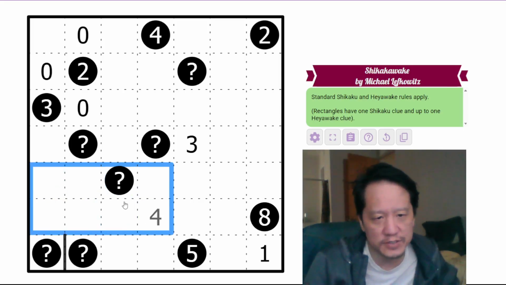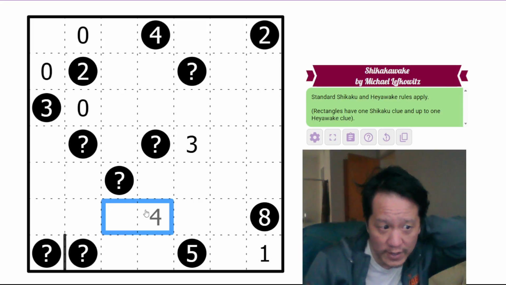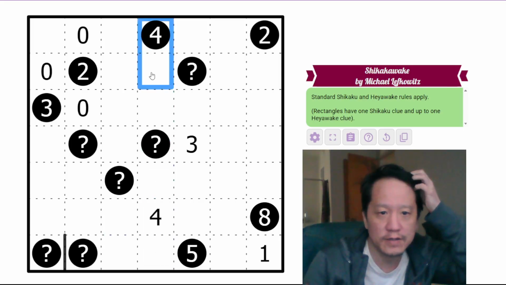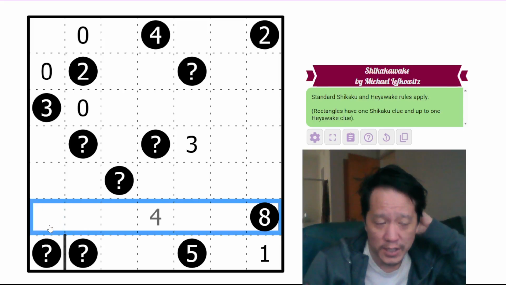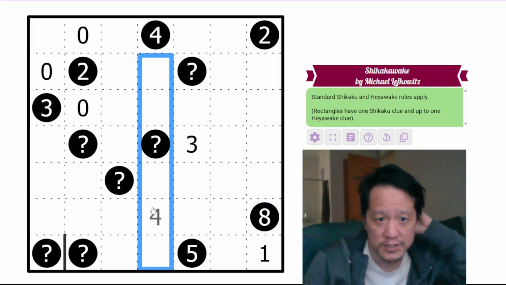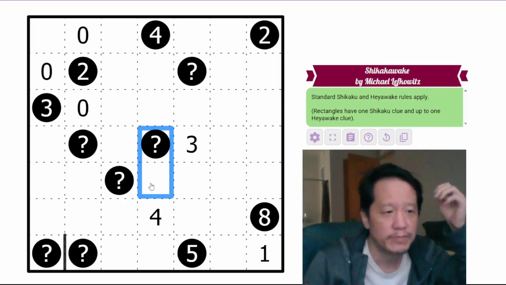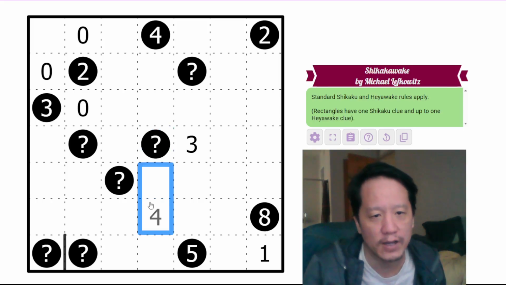You can't, because then they would be sharing an edge, which is not possible. So I guess it could be 7. But the 7 would have to be a 7 by 1, that way or that way, which is not possible. So if you had 6 or less, you're guaranteed 2 of those shaded-in cells must share an edge, which is not allowed by the Heyawake rule set.